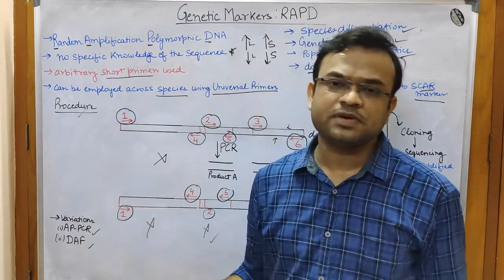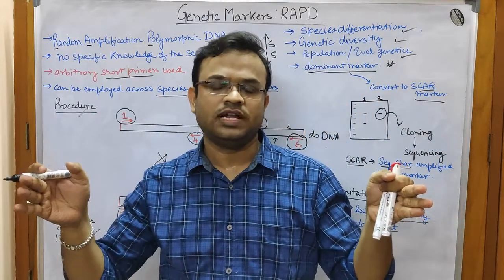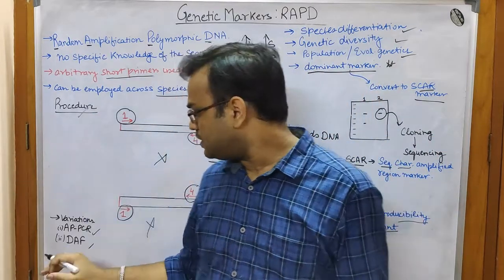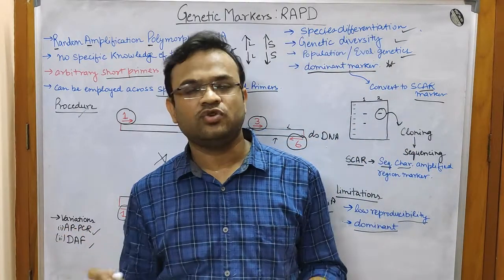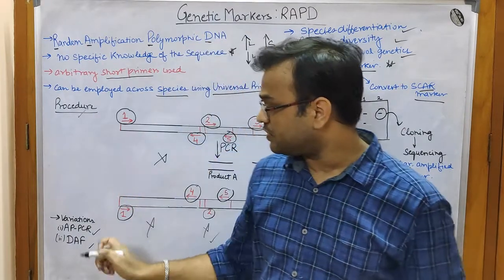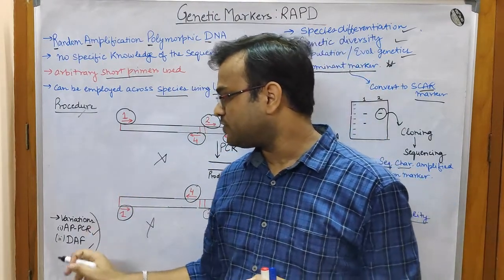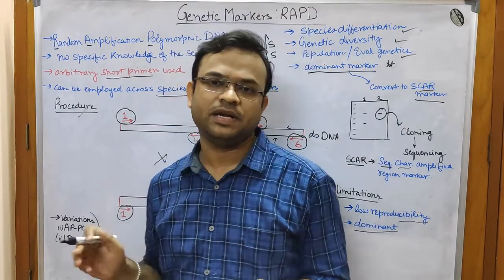APPCR uses large length primers, and DAF, that is DNA amplification fingerprinting, utilizes small length primers. So this is the difference between both of these, and this is about the variations of RAPD technique.